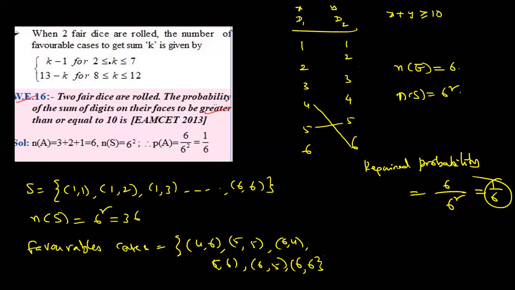So what is the meaning? Suppose they're asking sum 2 to 7. Sum is getting 2, maximum less than 7. Then you should use k minus 1. Now that is the number of favorable cases. So what is the case they're asking? 10. 10 means it lies between 8 to 12. So 13 minus 10, how much is coming?